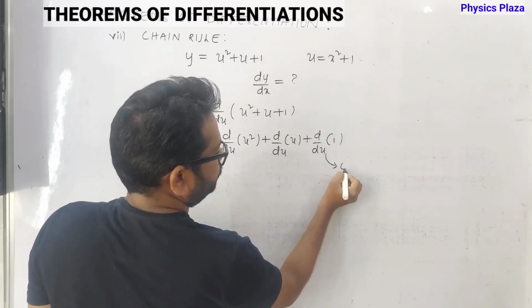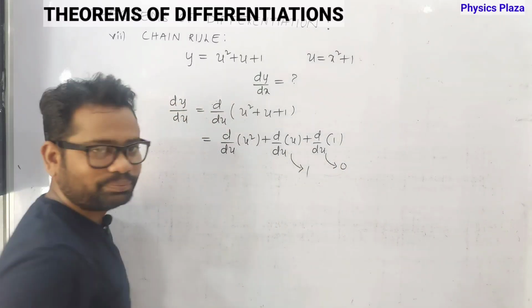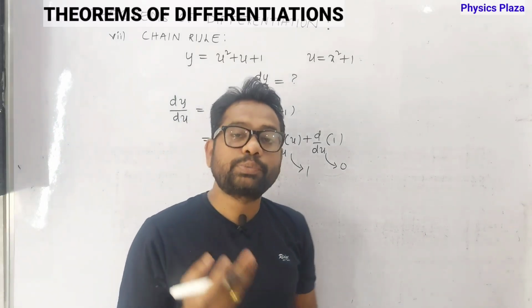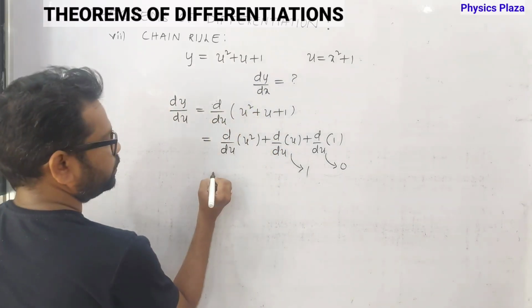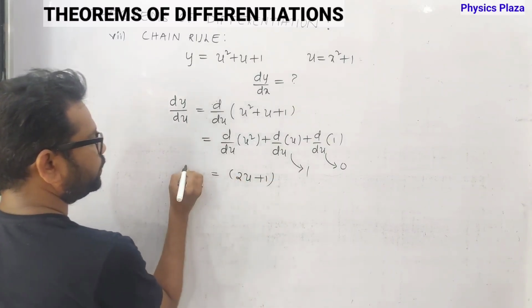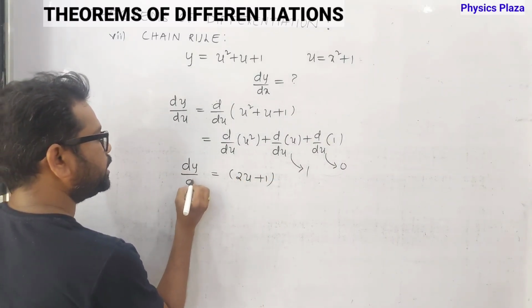Anyhow, this is going to be 0, this is going to be 1. Now, for u square, you can apply the x power n formula. So here you will get 2u plus 1. This is dy by du.